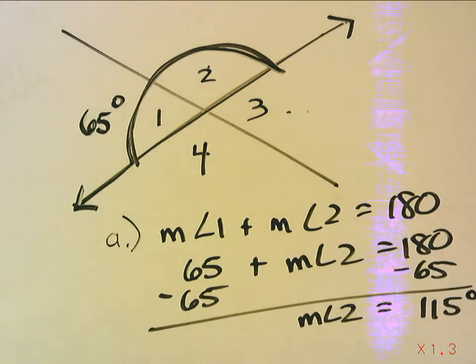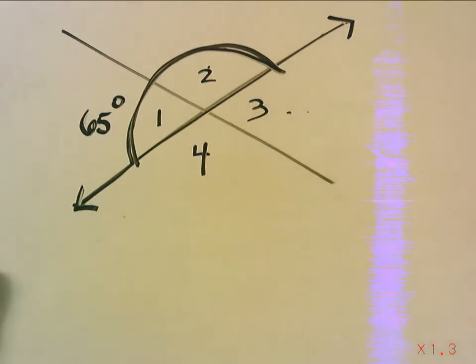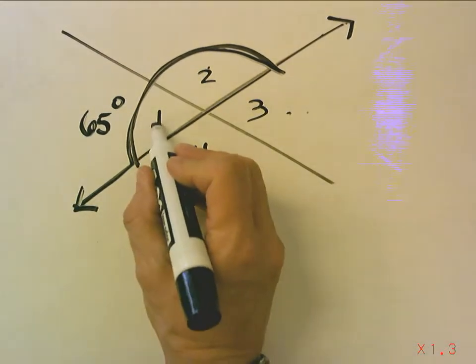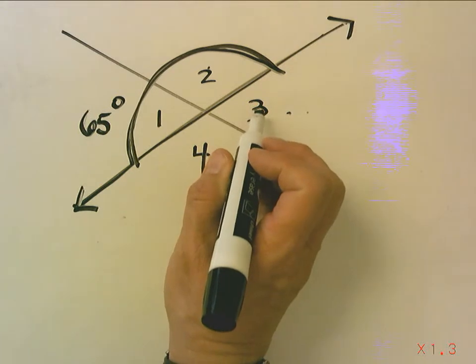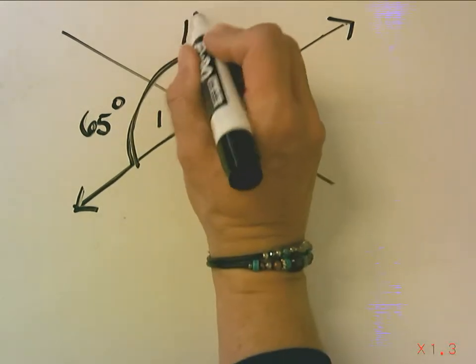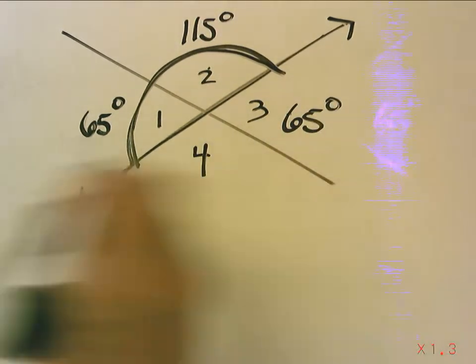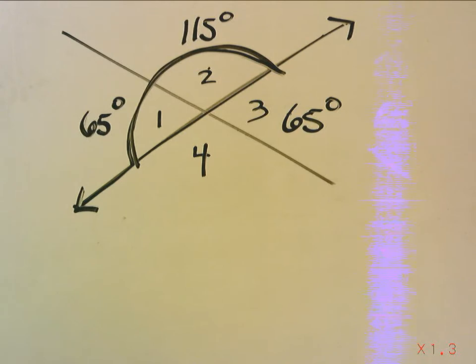Okay? So now they tell me to find the measure of angle 3. Well, I know the measure of angle 1 and angle 3 are the same because they're vertical angles. So that means this is 65 degrees because it's opposite angle 1.